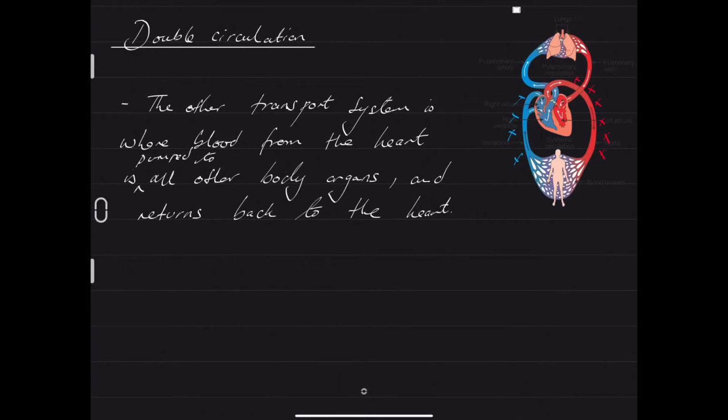So this ensures that more areas of your body can receive fully oxygenated blood quickly. So this is in essence the double circulation that we've just summarized here, where first it's pumped to the lungs, picks up oxygen, returns back to the heart, and then it's pumped at high pressure from the heart to different parts of the body so that oxygenated blood can reach respiring cells.